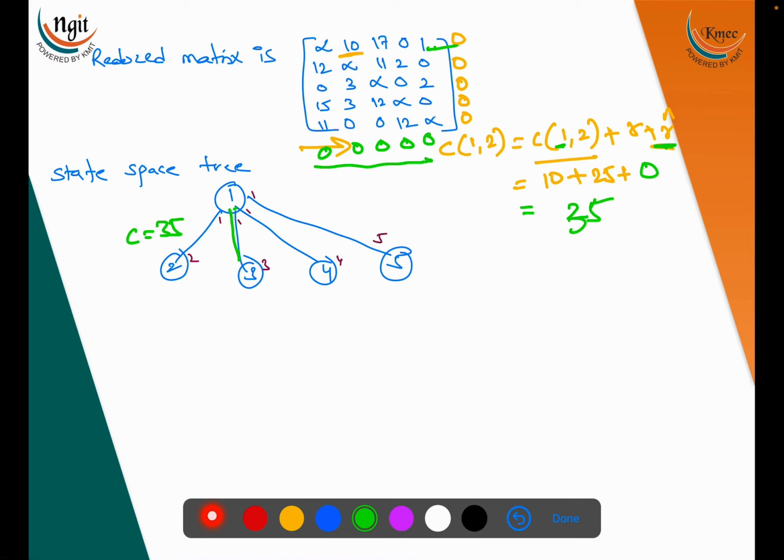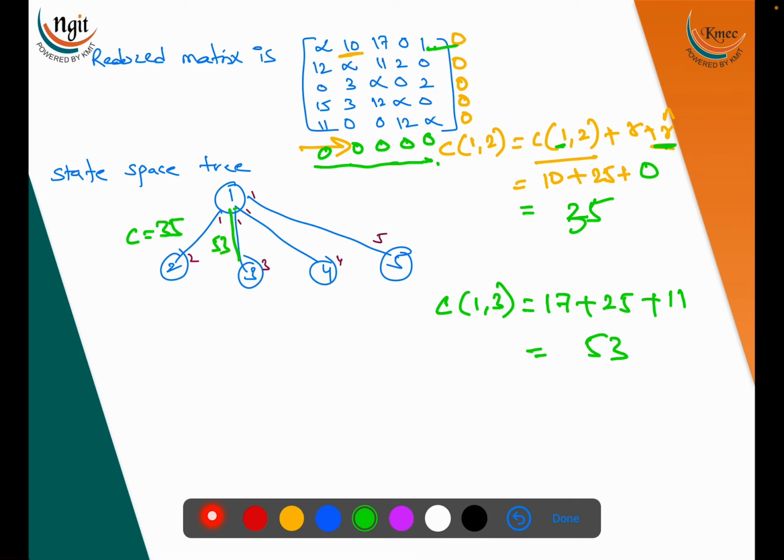After you have all zeros, you subtract the values. Now you will get the cost: C of 1 comma 3 is equal to 17 plus 25 plus 11. So the cost is 53. So right over here, 53.